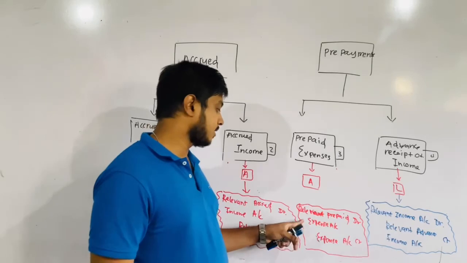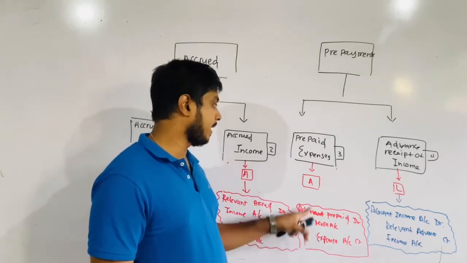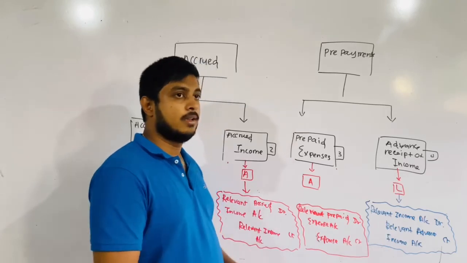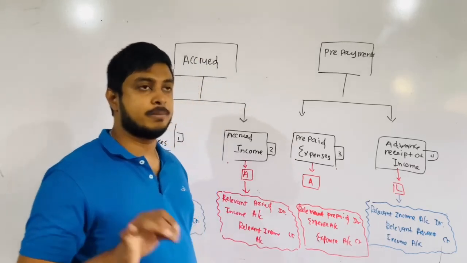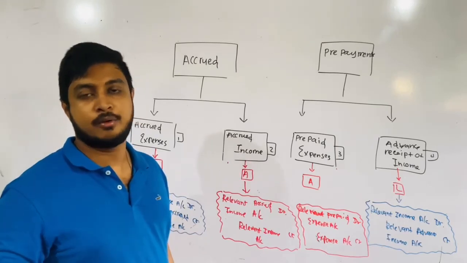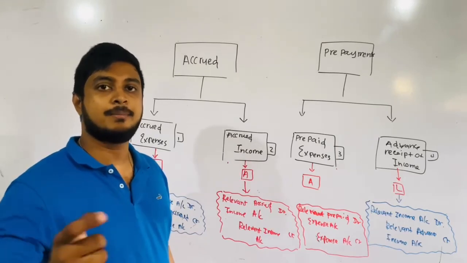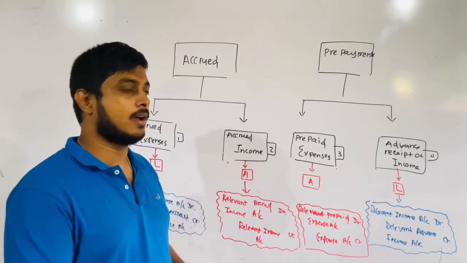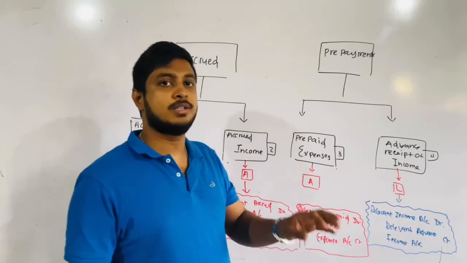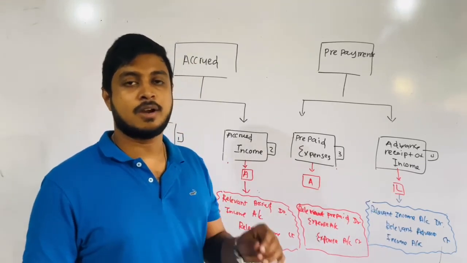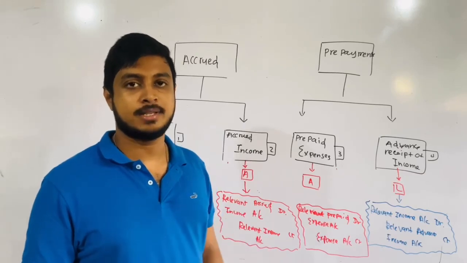In this case, we debit the relevant prepaid expense account and we credit the expense account. Why do we credit the expense account? Because the expense is not incurred within this accounting period. It is applicable for another, coming accounting period. Therefore, this expense is not relevant for this accounting period, so we have to remove it from the accounts. So you have to credit your expense account.